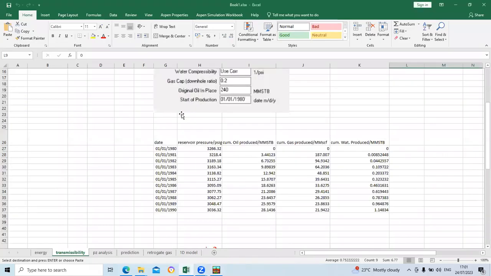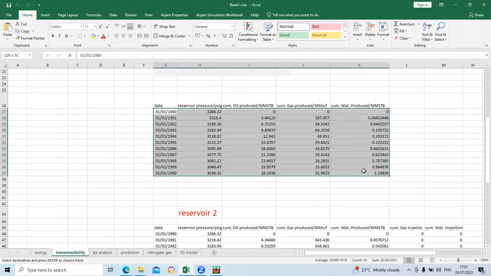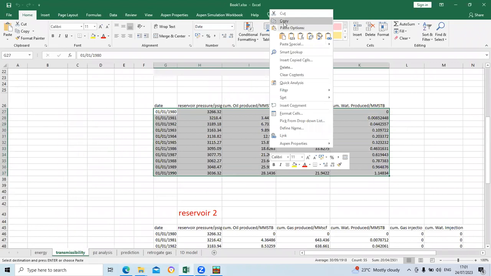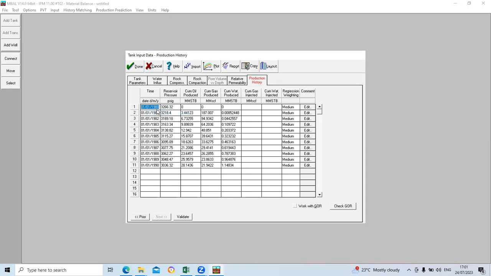So I'll come to the production history and I copy all of this. Copy. Then I come here, I click, and I paste. Now we have our production history here. We have our reservoir pressure. We have our cumulative oil production, our cumulative gas production, and our cumulative water production.